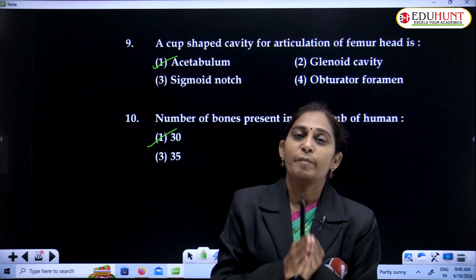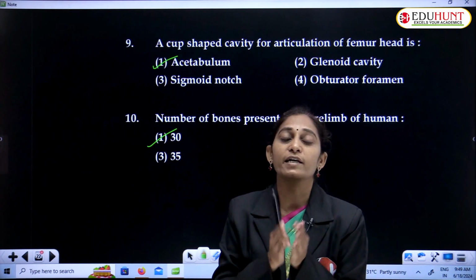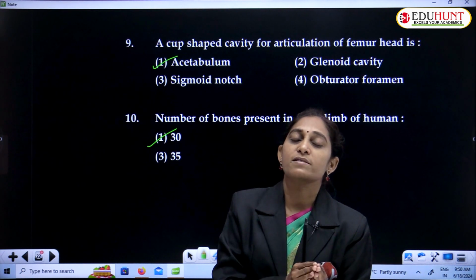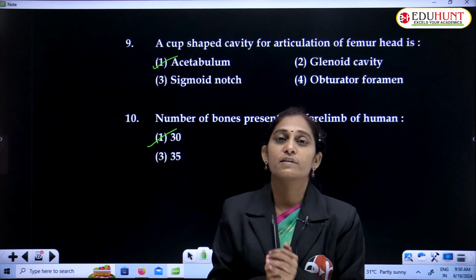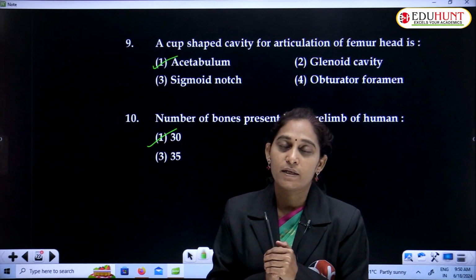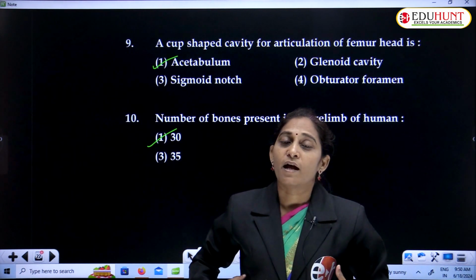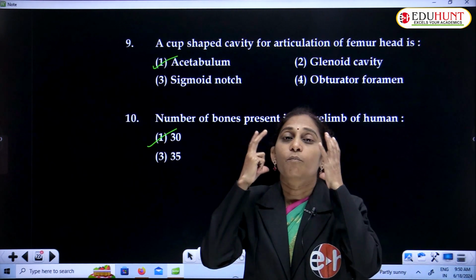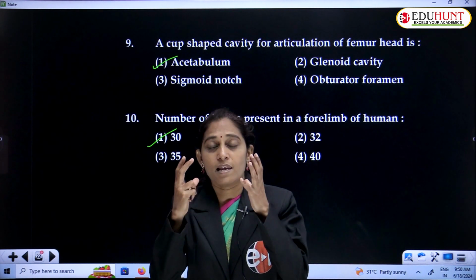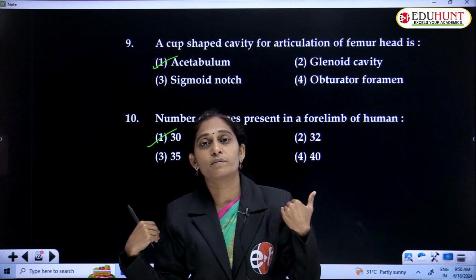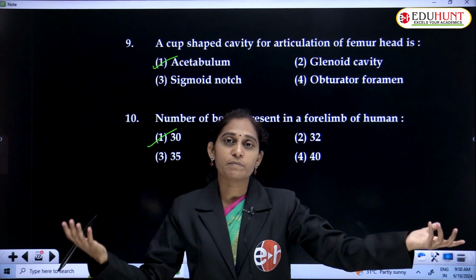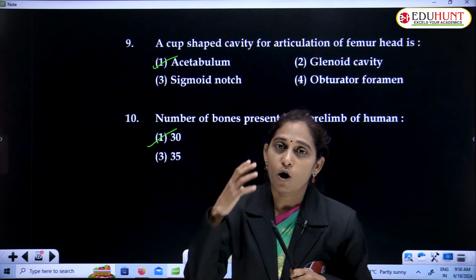We have to clearly remember how many pairs or how many bones there are, like ribs, bones in the skull, vertebral column, hind limbs and forelimbs.